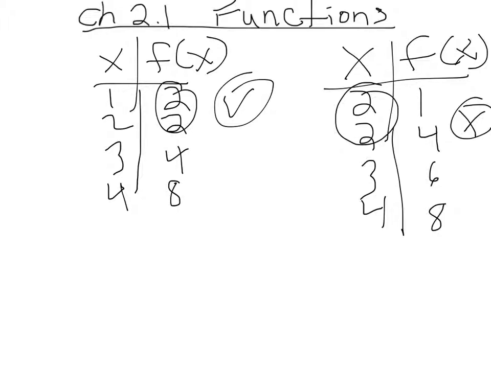If you graph this, at x equals 2, it would equal both 1 and 4, and therefore you wouldn't pass your vertical line test. So you can't have two of the same x values, but you can have two of the same y values like this.